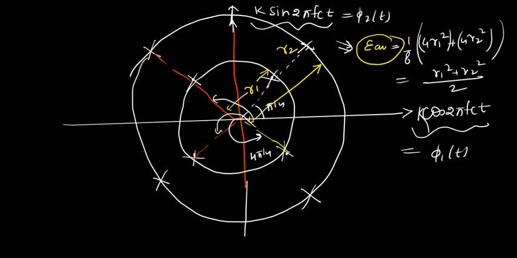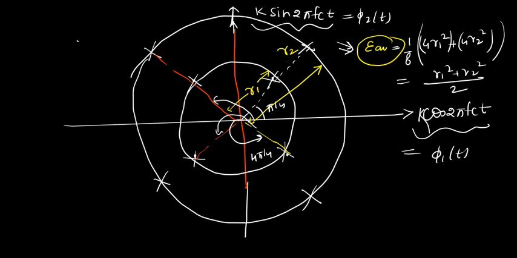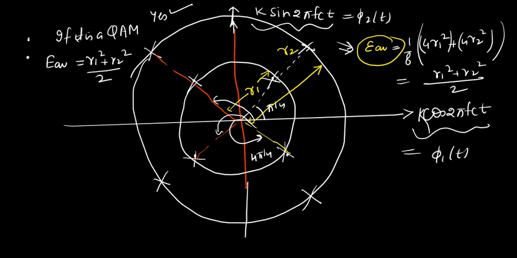How will you write it? First, I would ask if it is a QAM, and you will answer yes. Second question, what is the average energy of this constellation? You will answer R1 square plus R2 square divided by 2.